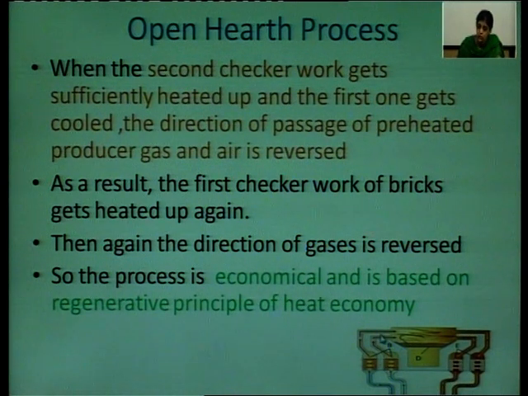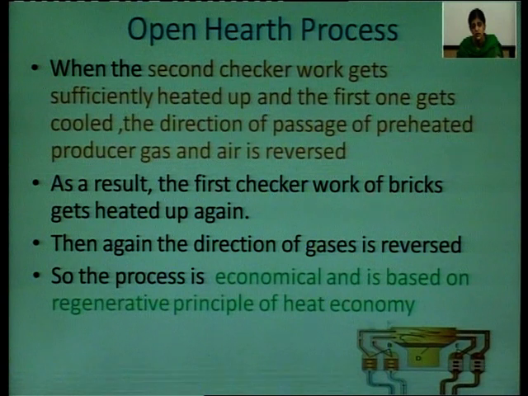Now, this way the flow will take place. So this flow is changed every time. First we flow the gases from this side, later on when this also gets heated up, we make the flow from this side. Again this will get heated up, again we change the sides. When this gets heated up, we will again change the direction of the gases.